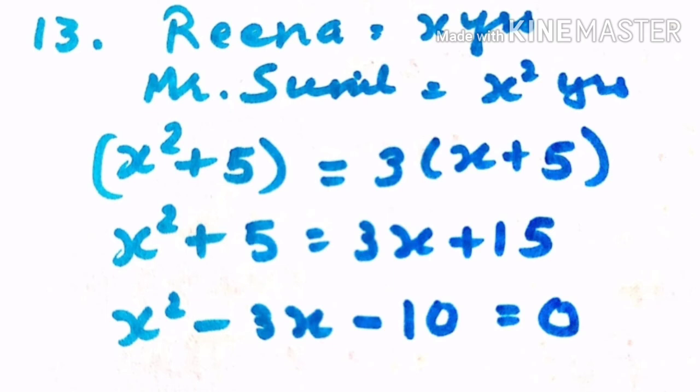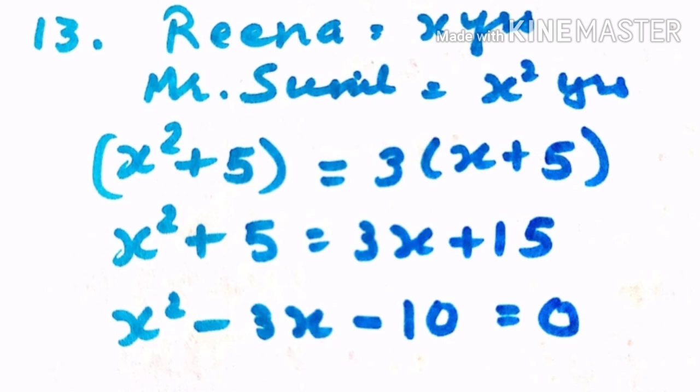So here, after 5 years Mr. Sunil will be, on the left side I write x square plus 5, 3 times as old as Reena. Reena will be x plus 5 years at that time, and 3 times means is equal to 3 times x plus 5. Now open the bracket, 3x plus 15 on the right side, and take all the terms from the right side to the left side.